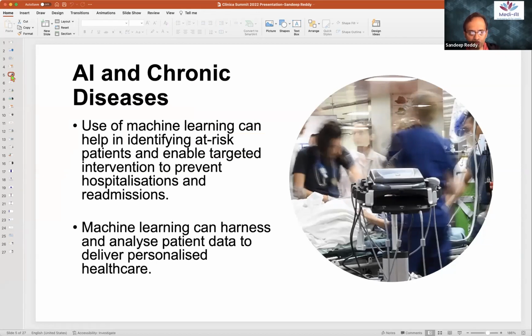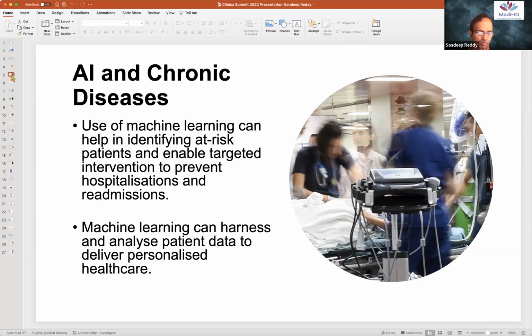Now, within that range of healthcare technologies, artificial intelligence, specifically machine learning, has the ability to analyze that huge amount of data, recognize patterns within the data, and derive interesting and important insights to help with clinical treatment and management.